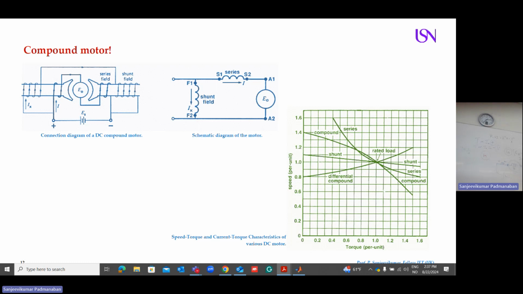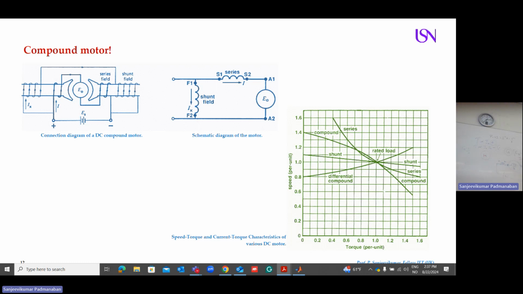What is a shunt motor? You can have a look. As the torque varies, the speed only drops from 1.1, which is 110%. The maximum it drops to is a little less than 110%. So the speed is almost constant. You can have a look.